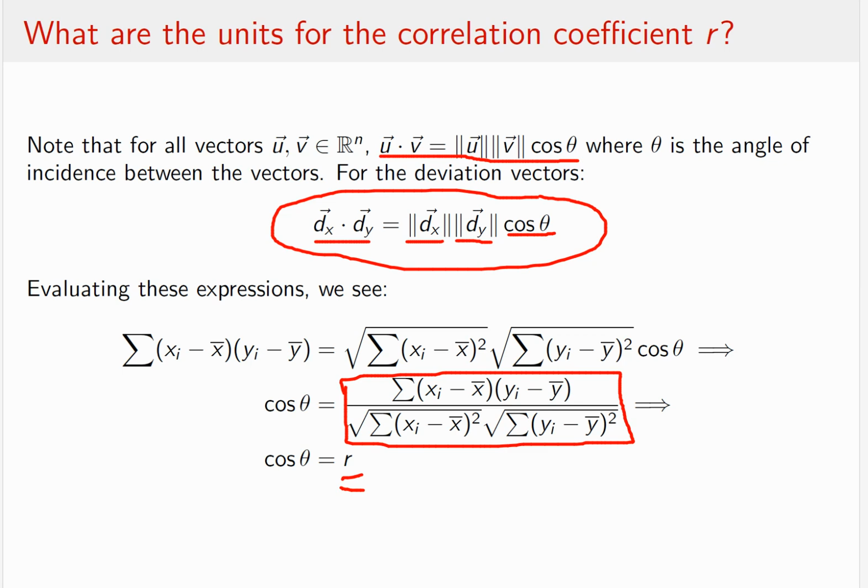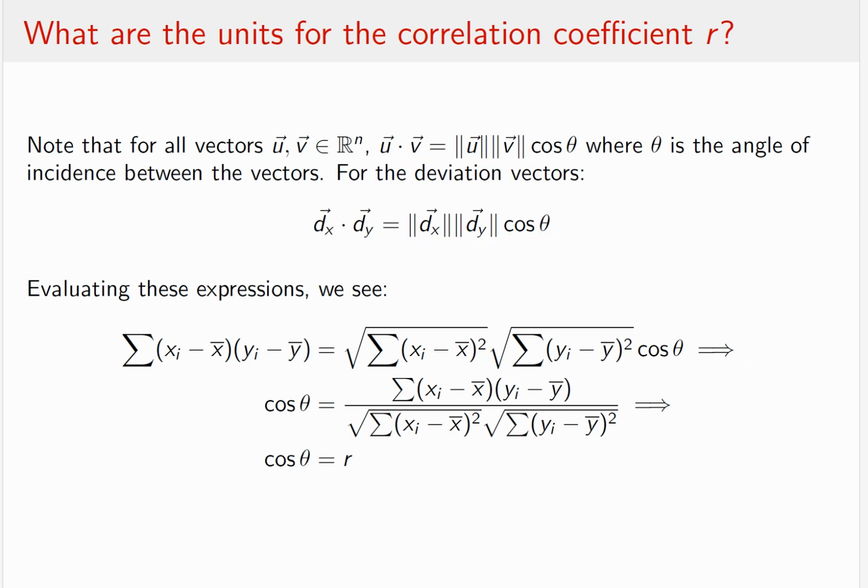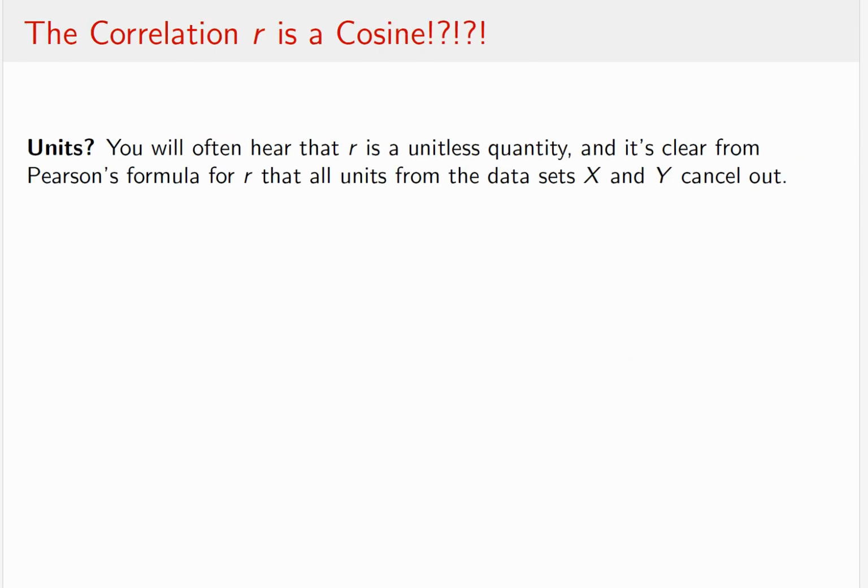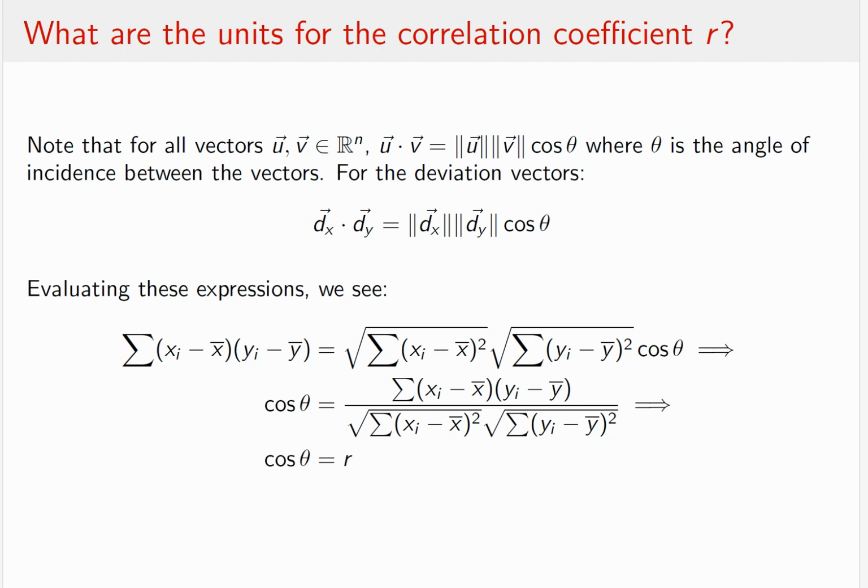So what do we find? We find that R is equal to the cosine theta. All right. Why do we care? Well, cosine theta is great. Why?